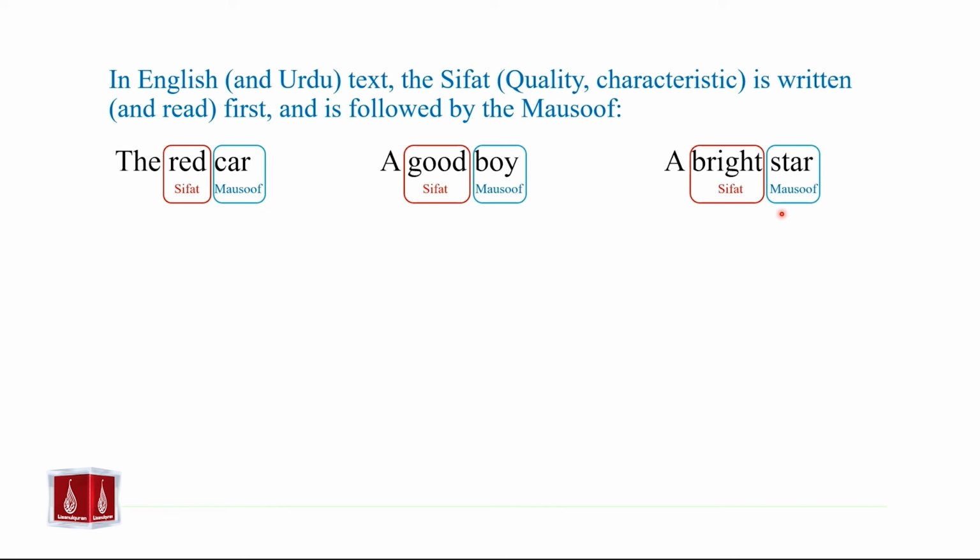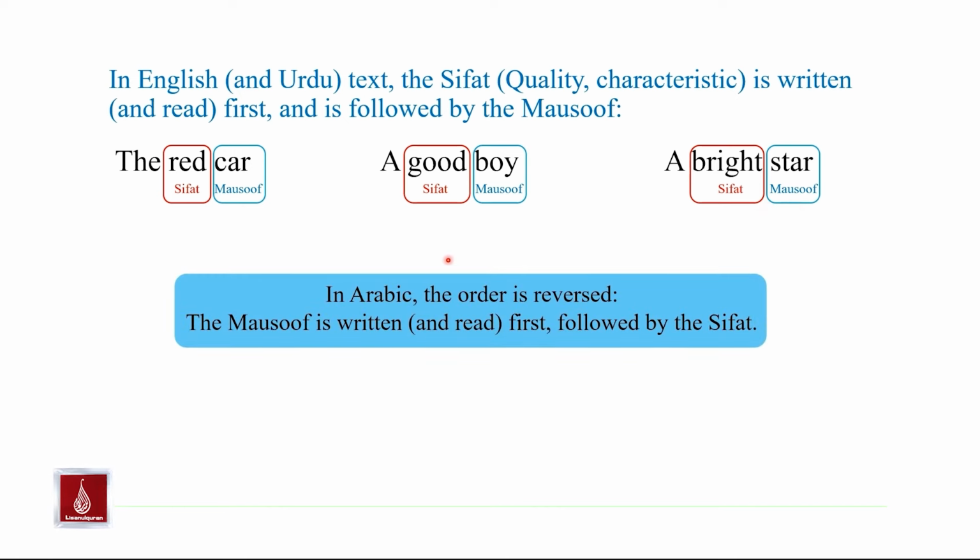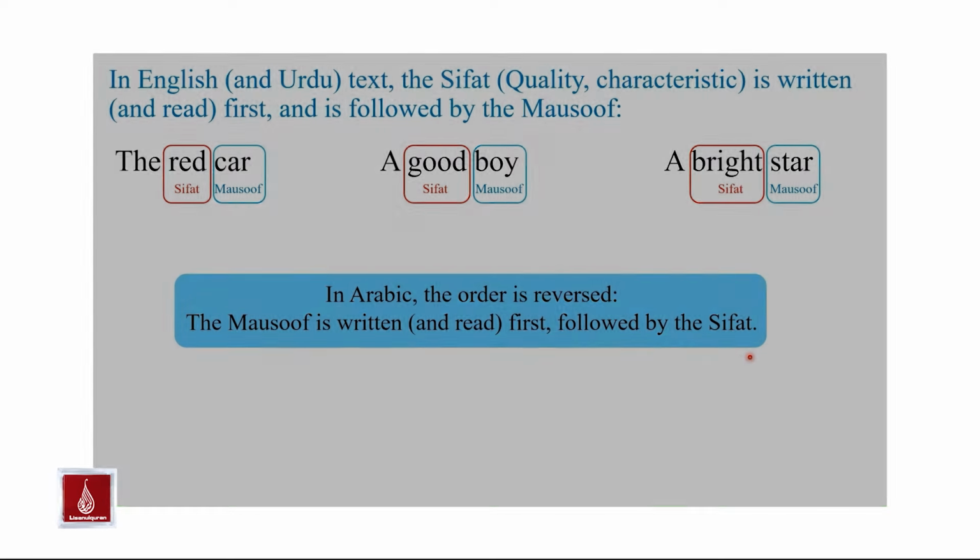A bright star. Bright is the quality, characteristic or the sifat, and star is the Mosuf. However, in the case of Arabic, the order is reversed. The Mosuf is written and read first, followed by the sifat.